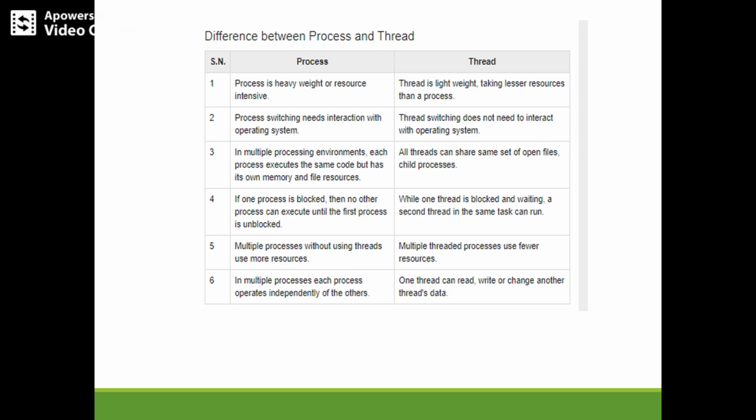In threads we can observe that the context switching time is minimized, as it does not require any kernel intervention, and thread support is used for efficient communication, and resource sharing is also possible in threads, right?